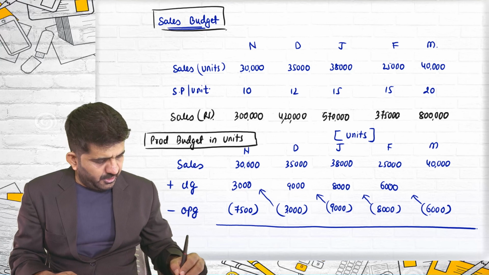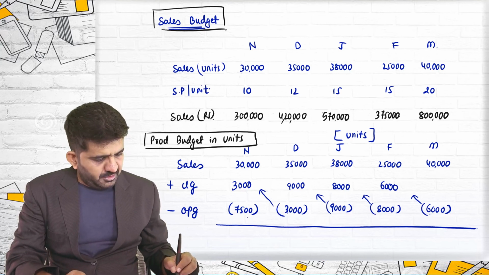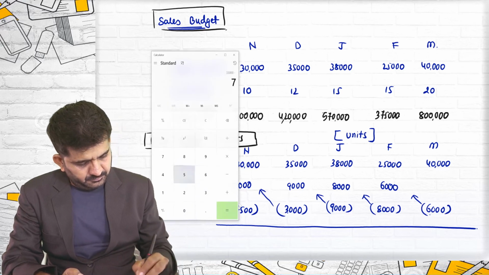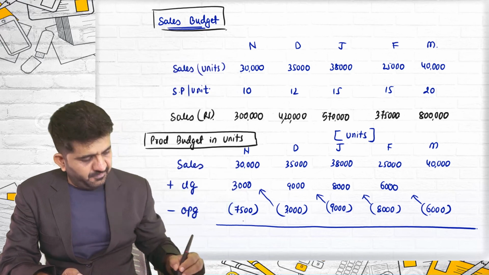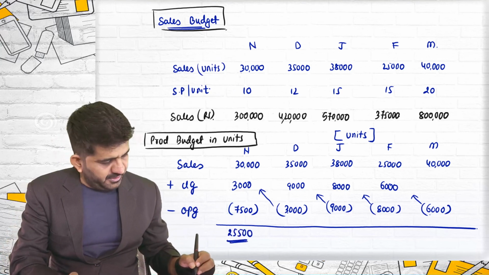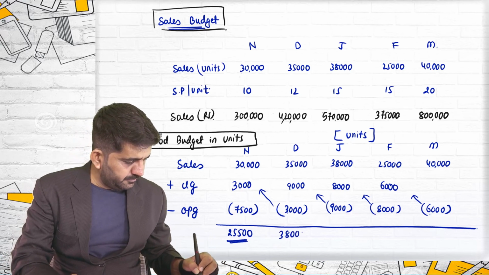I think I can find out November production. 33,000 minus 7,500 is 25,500. December: 41,000 minus 3,000 is 38,000.